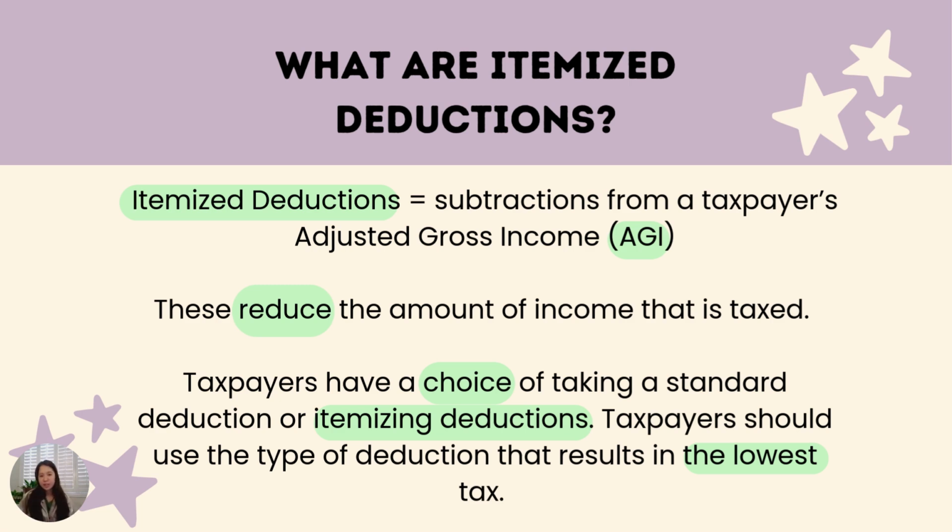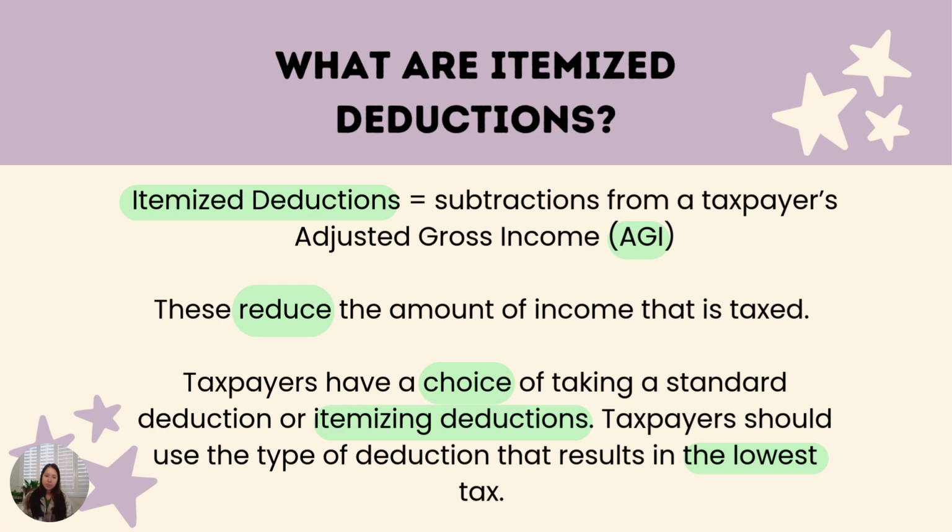So what are itemized deductions? Well, itemized deductions are subtractions from a taxpayer's adjusted gross income. And make sure that you also see my video on adjustments to income, because adjustments are always going to come first before deductions. Hence why we're deducting from the adjusted gross income.